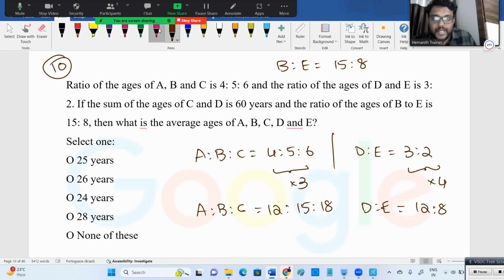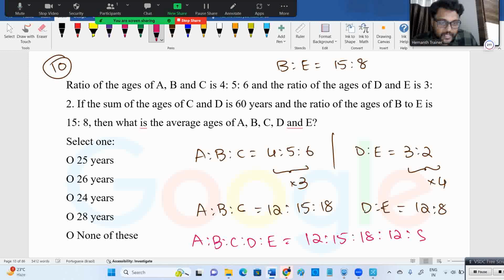Now I can combine this ratio A, B, C, D, E: A 12, B 15, C 18, D 12, E 8. That is satisfied. B and E is 15 and 8, satisfied.